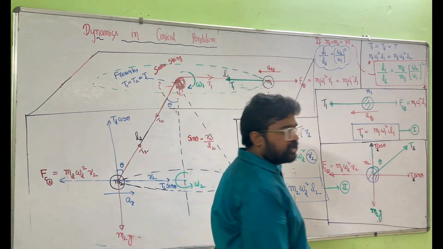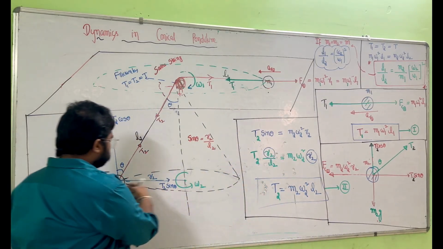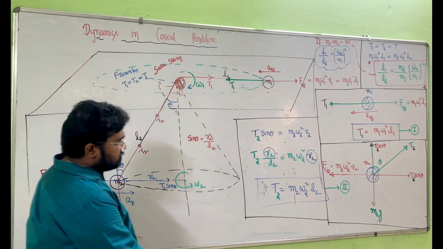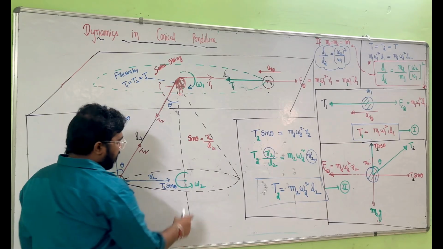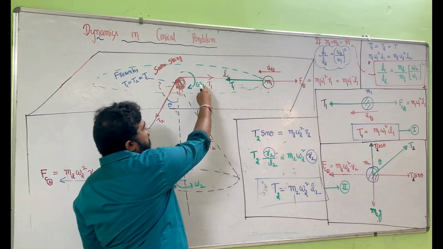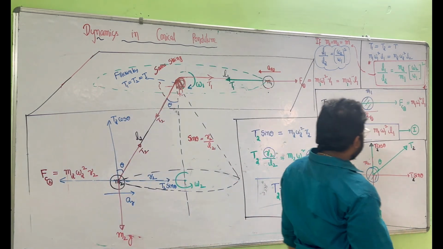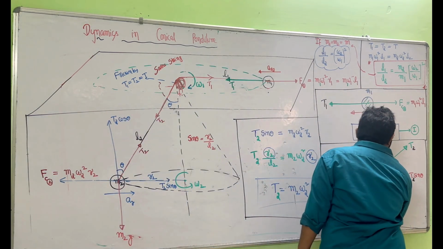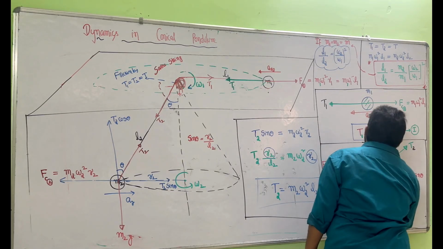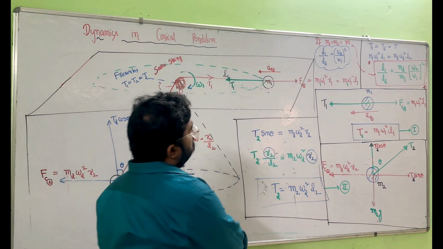Horizontal circular motion: M1 follows horizontal circular motion. M2 follows conical pendulum. Here it is a circular motion. Angular velocity is how much here? Omega 2. What is the angular velocity here? Omega 1. So we have drawn the free body diagram for M1 and M2.